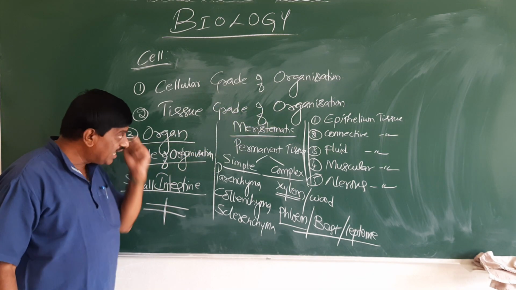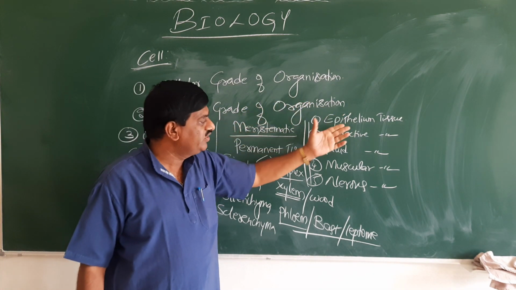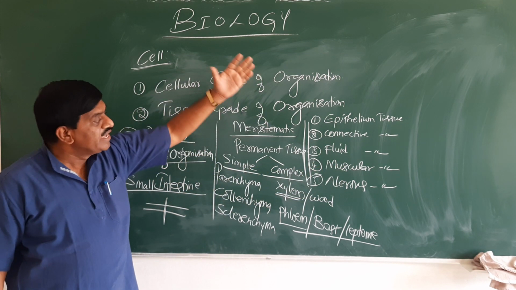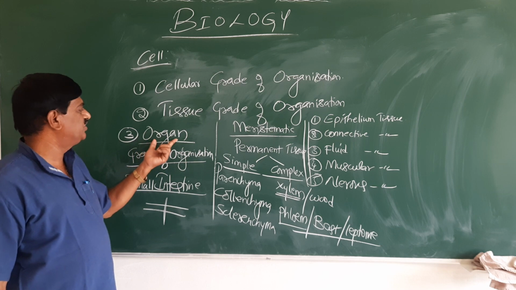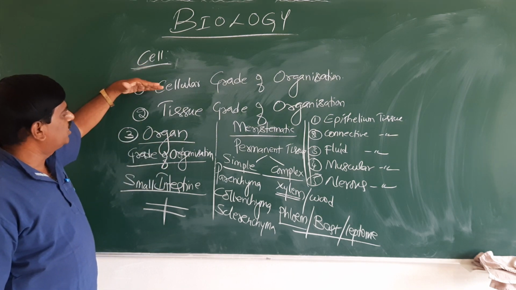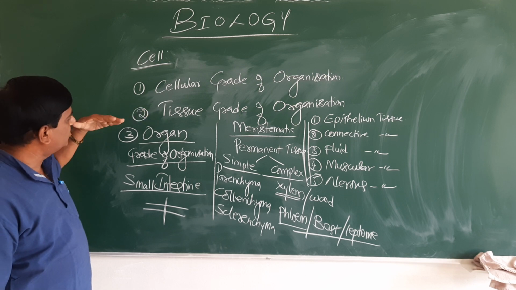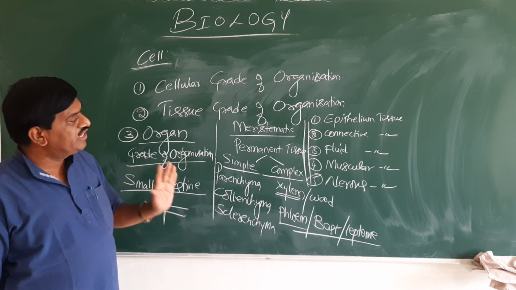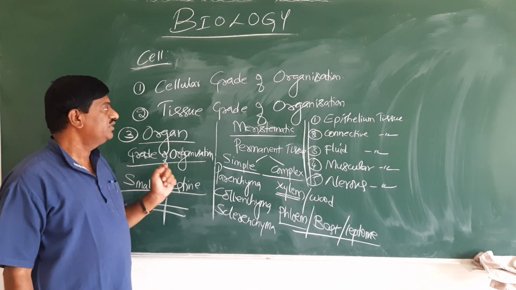So we say a group of tissues helps in the formation of organs. Like this, we have cellular grade of organization, tissue grade of organization, and organ grade of organization. This we are going to study in detail in further classes.